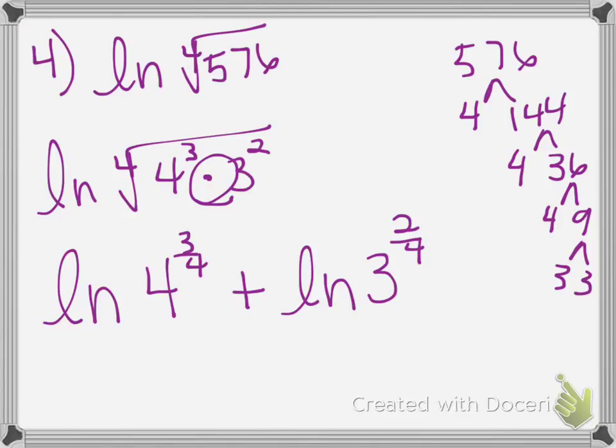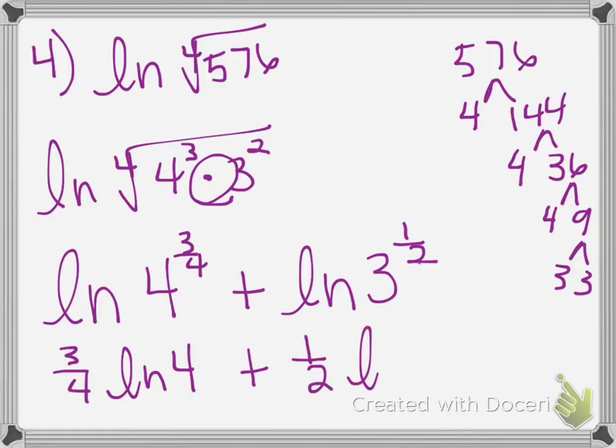And a lot of you might be like, well, 2/4, Ms. Gerwitz, you can reduce that. You sure can. So I'm going to write that 2/4 as 1/2. Now I'm going to utilize the power rule. So I have 3/4 ln 4 plus 1/2 ln 3. Oops, that's not supposed to look like an exponent. It's going to be whole.